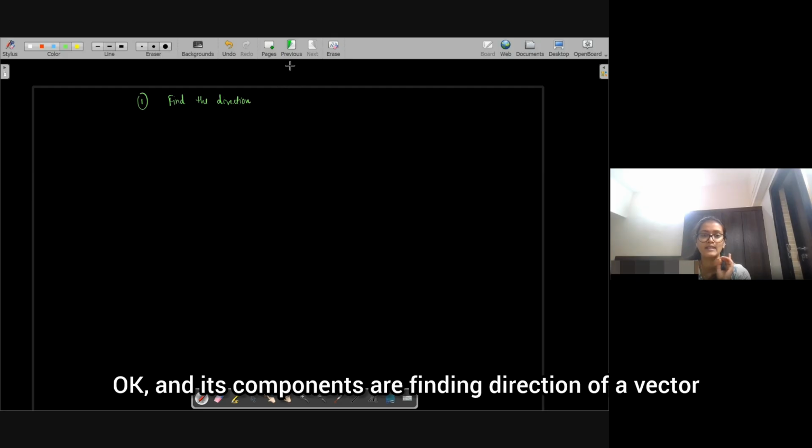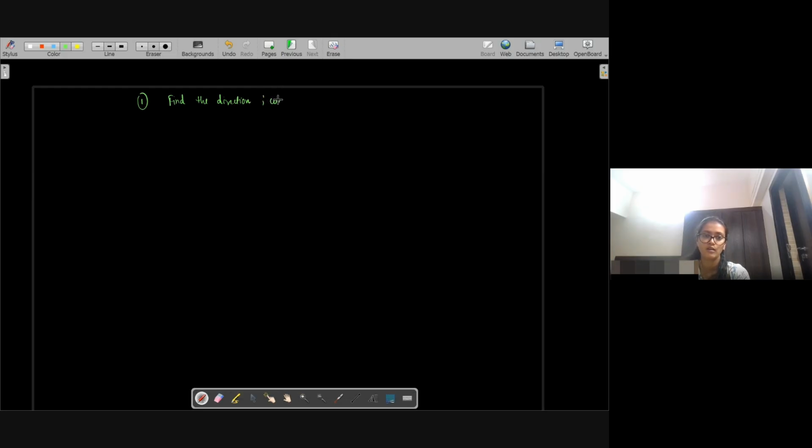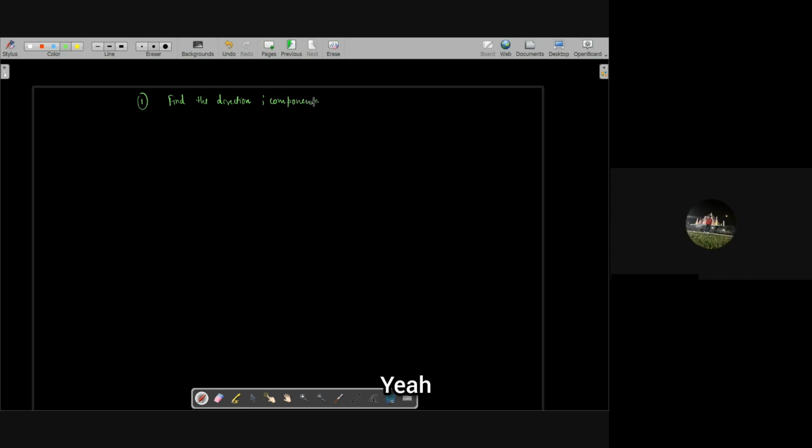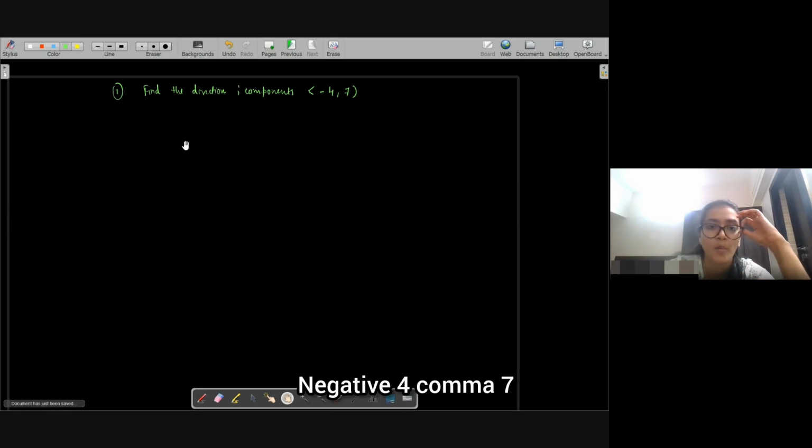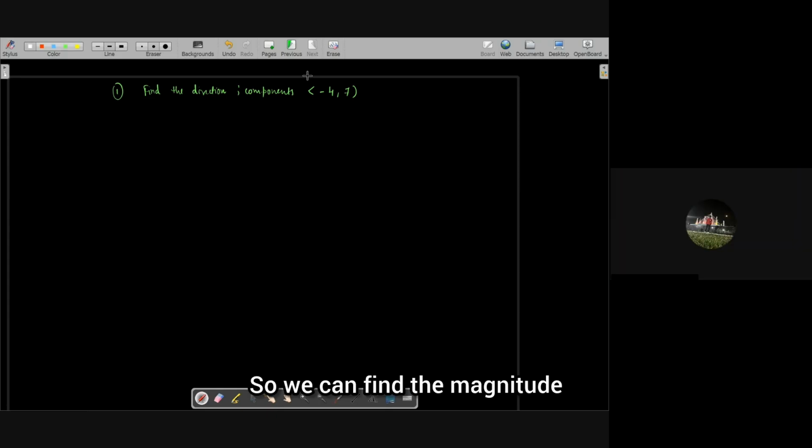For example, let's say you want to find the direction of a vector whose components are given. Components are negative 4 comma 7.